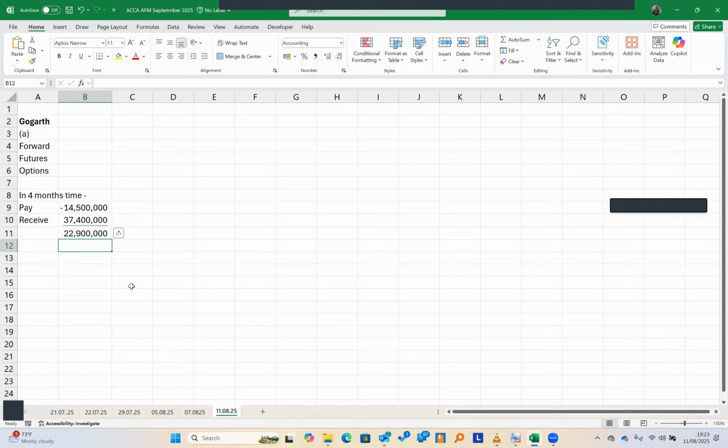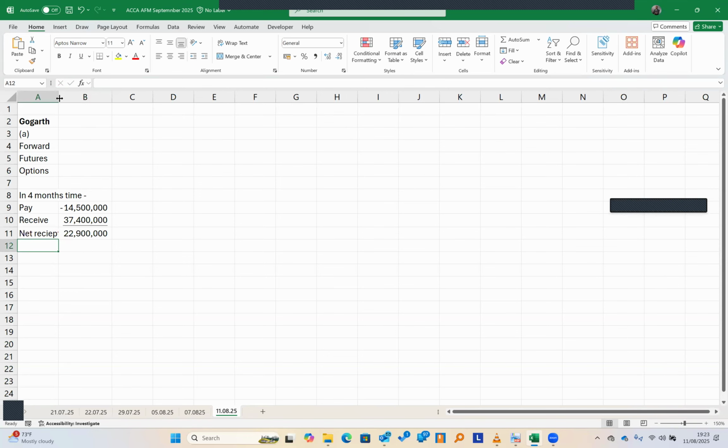Then I also get all the dollars that I've received and convert them to Malaysian ringgit. It makes sense to offset that 14.5 million so that when I receive the 37.4, I pick 14.5 and pay it, and the remainder is what I'm going to actually go and convert. So this is the net receipt.